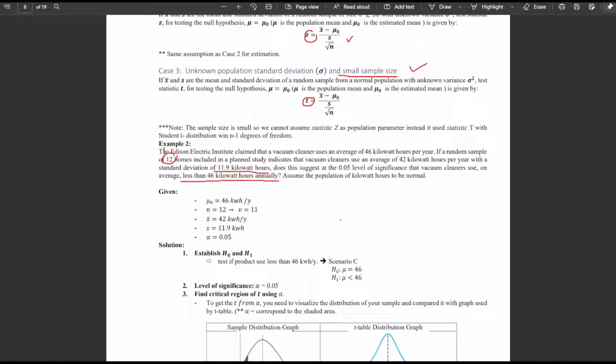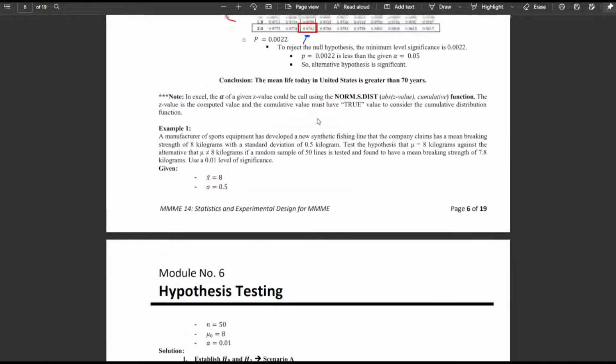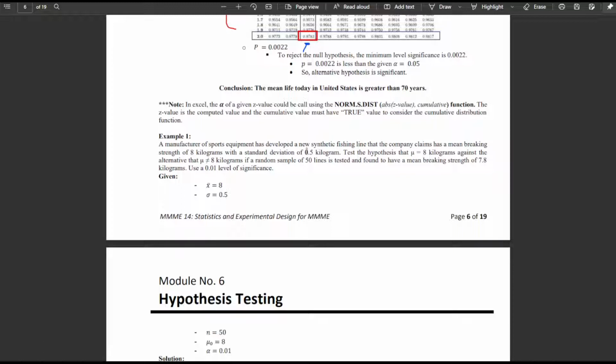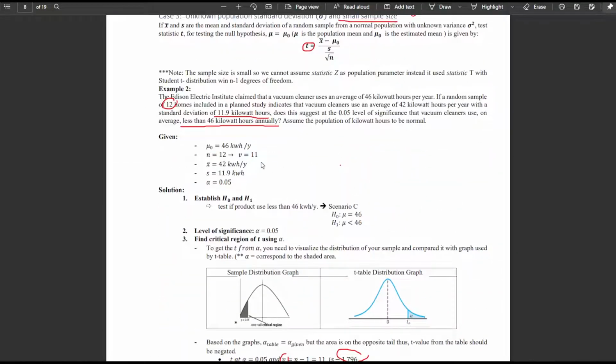Dito. So, in this example, we assumed, wait, ito ata, example 1. We assumed, where is the example in case 2? Ito ba? Wait lang ha.